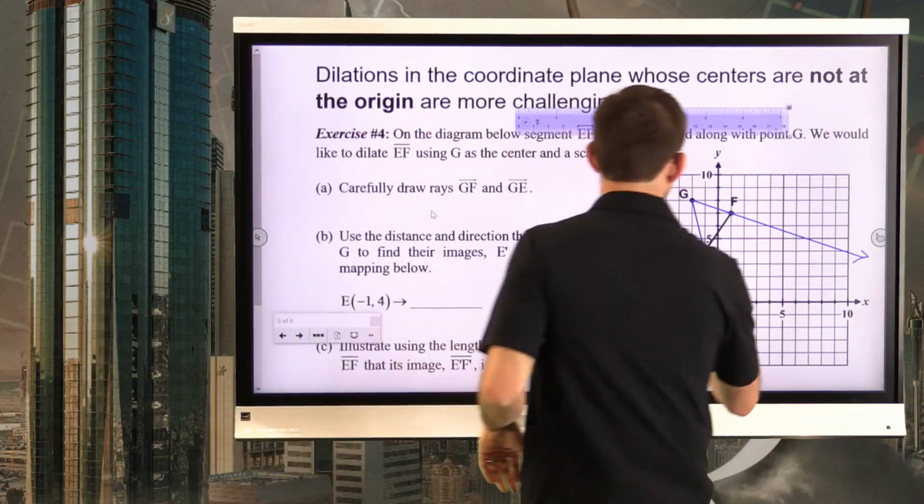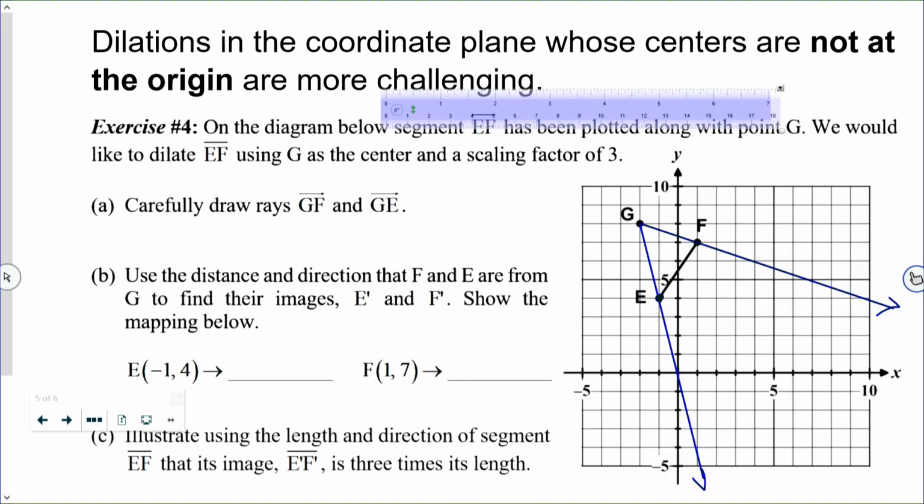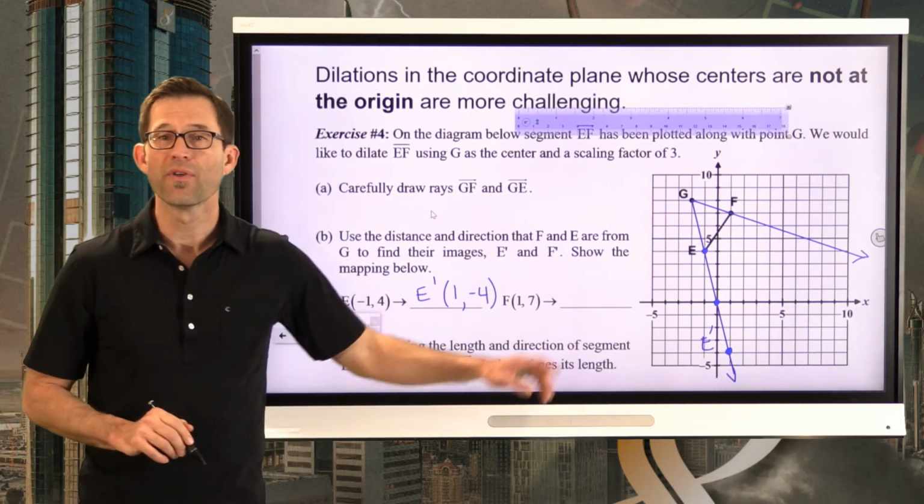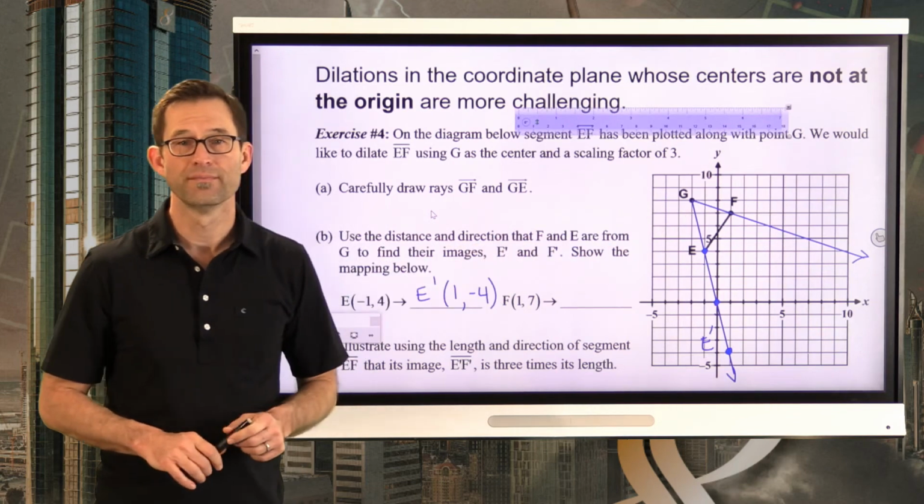Literally, I'm going to go down 4 to the right 1, 1, 2, 3, 4 to the right 1, 1, 2, 3, 4 to the right 1, right? And there is my E prime, and its coordinates are 1, comma, -4. Okay? Why don't you try to do the same thing to locate where F goes?